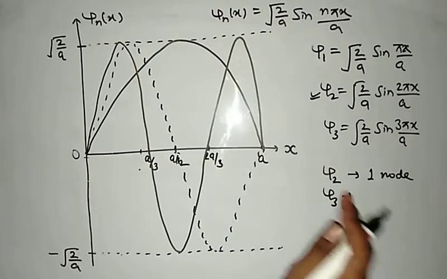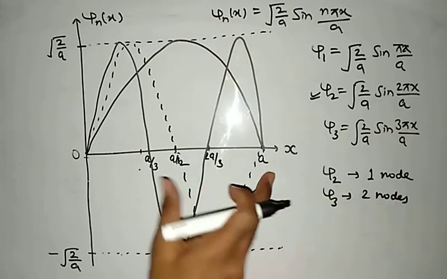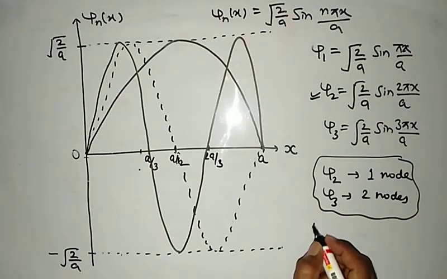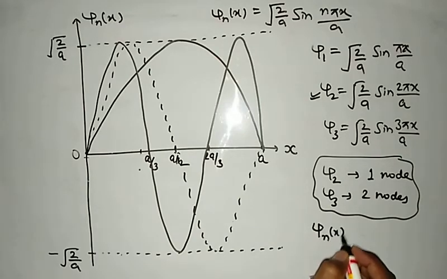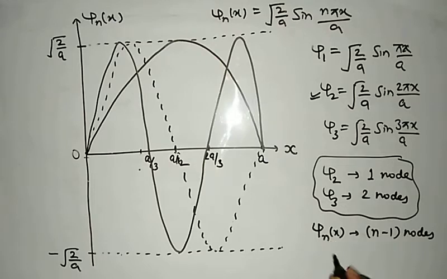For psi 3, we have two nodes in between 0 and a. And we have read the theorem that for a bounded state psi n(x) has n minus 1 nodes, where n equal to 1 corresponds to the lowest energy level. So this is what we have seen using the diagram also.